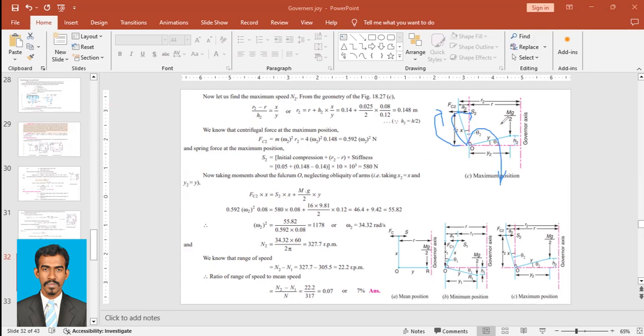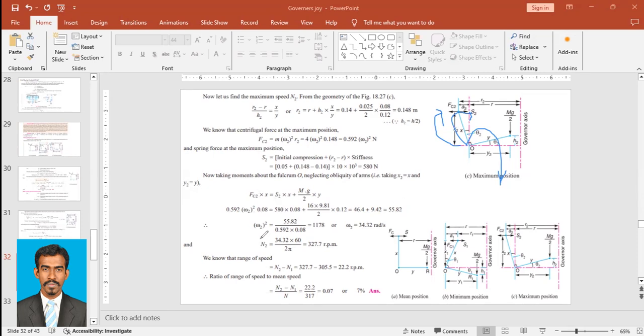Since we are dealing with only half of the system, that is mg by 2, 16 into 9.81 by 2, into the length y2, that is 0.12. So y is equal to y2, that is 0.12. When you solve it, you will have 55.82. So 0.592 omega squared into 0.08 is equal to 55.82.